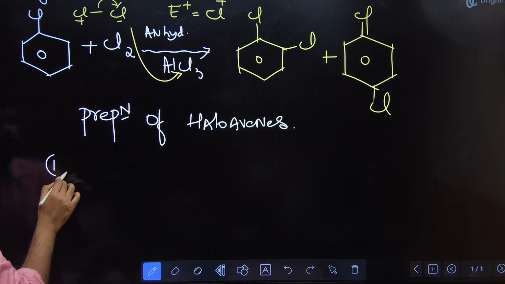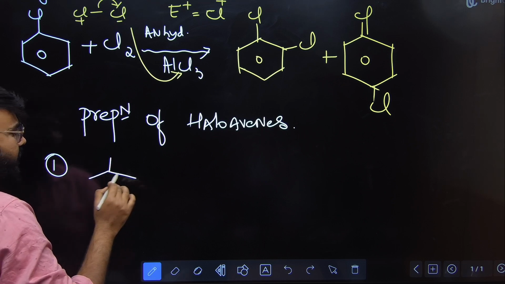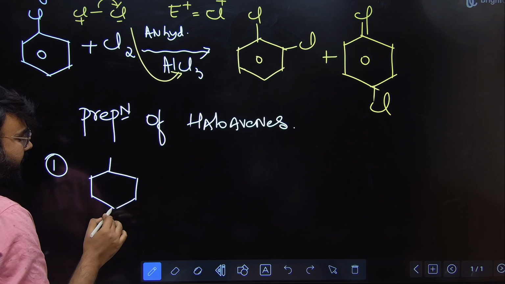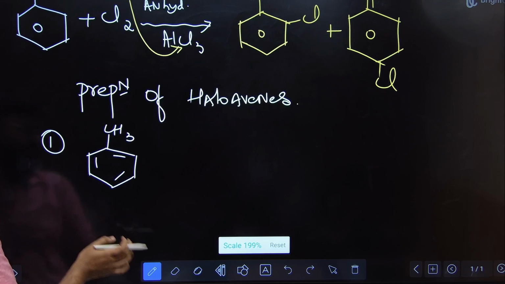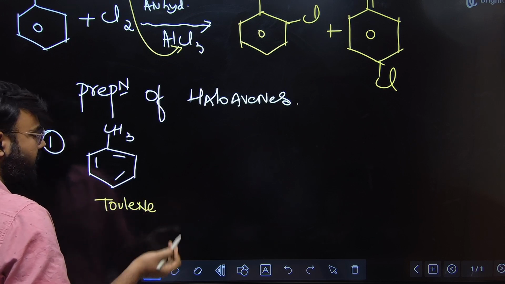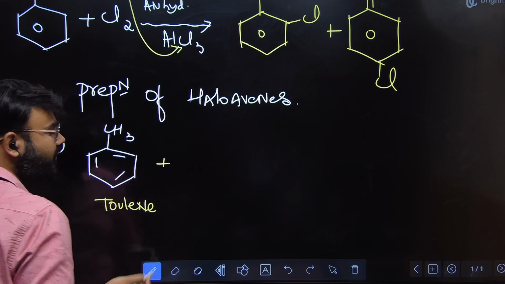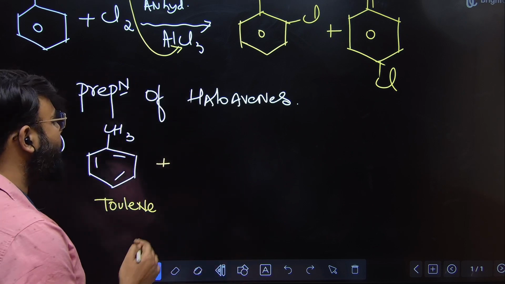So look at the first method, guys. In the first method, what are we doing? We are taking toluene. Now in the toluene we will do chlorination.